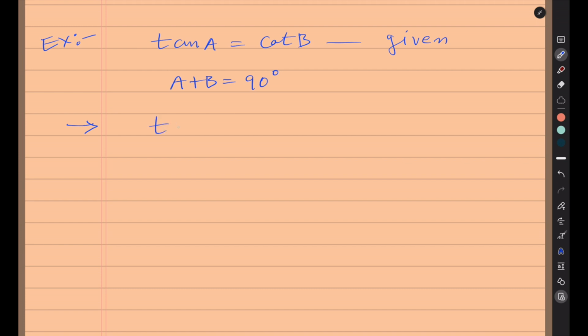What is given is tan A is equal to cot B. Cot B could be written as 1 divided by tan B, isn't it? Do you agree with that? Yeah, because tan is a kind of inverse ratio of cot.